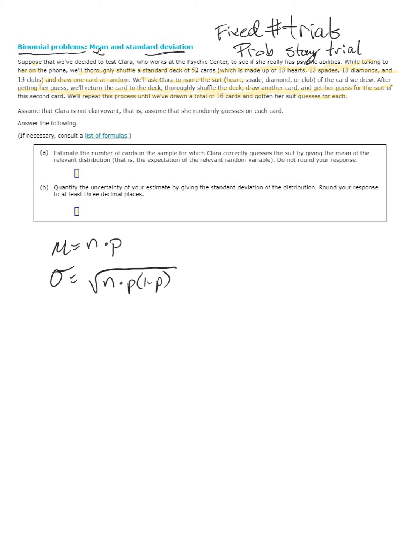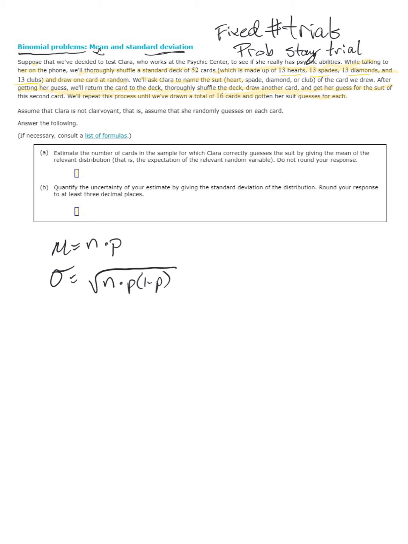So we're doing that 16 times to see how many she gets right. Okay? So things you've got to figure out here that they don't just give you: the probability of her successfully getting one of these right is 1 out of 4, or a 13 out of 52 chance.